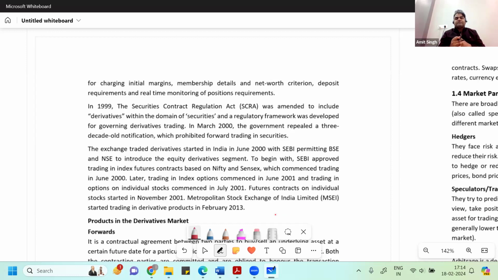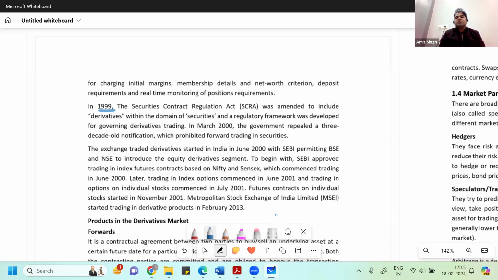Then in 1999, the SCRA Act was amended to include derivative under the domain of security. So finally, as suggested by the LC Gupta committee, the government amended the SCRA Act so that derivative would be given a place for trading purpose.